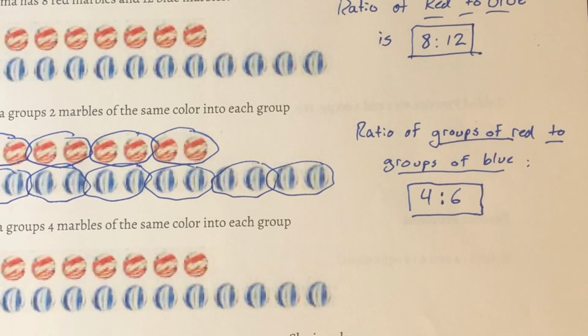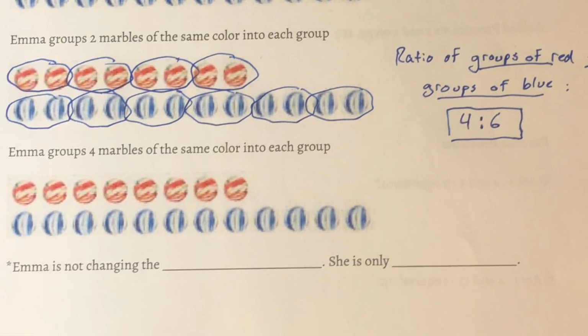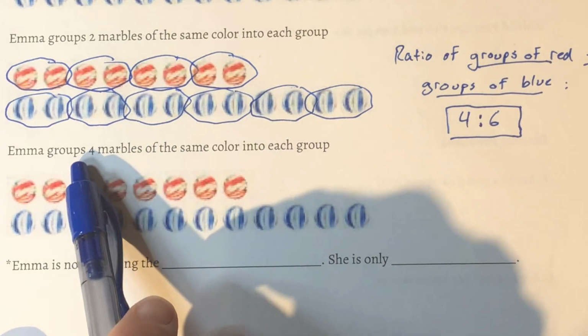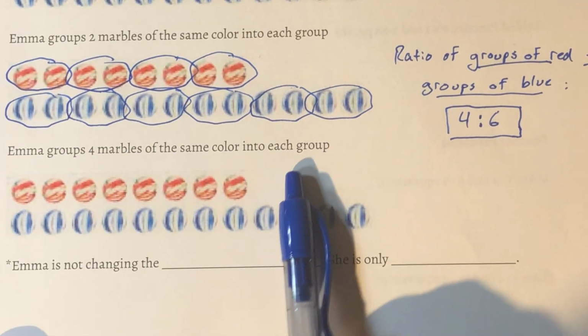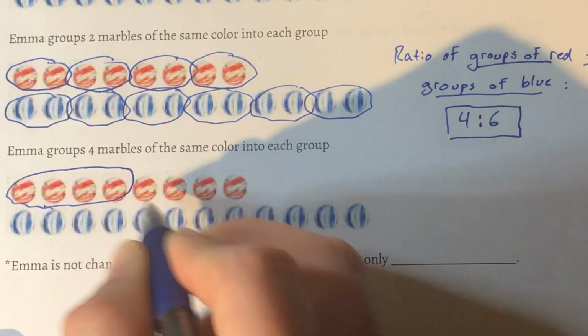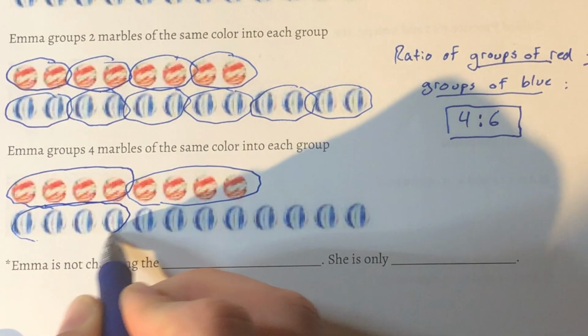Alright, Emma decides, however, that she can regroup them into larger groups. She notices that she can group 4 marbles of the same color into each group. So let's do that. So group of 4, group of 4. She can do the same with the blue.